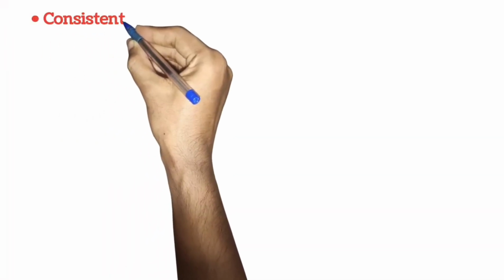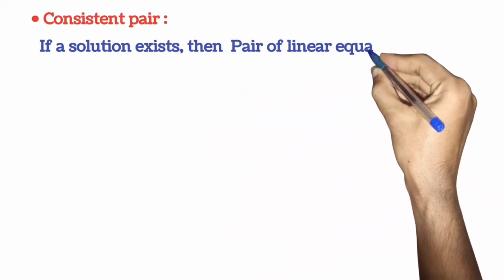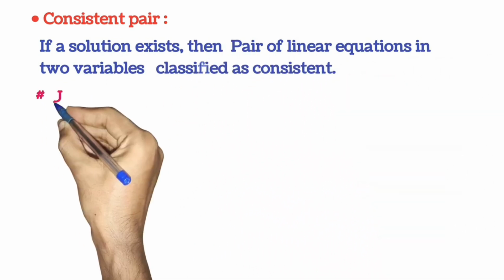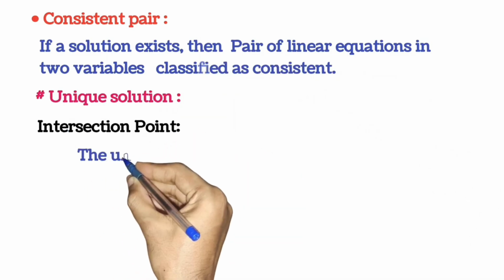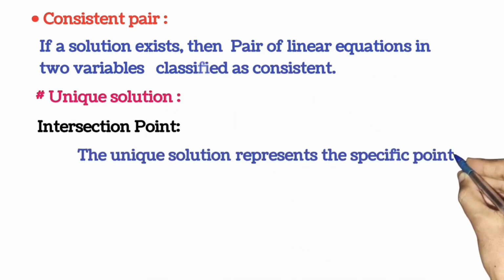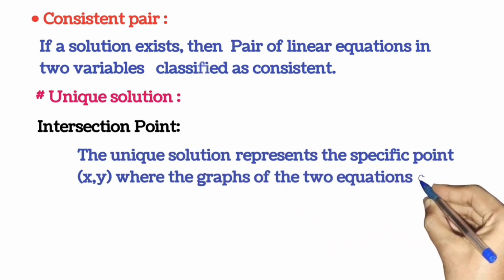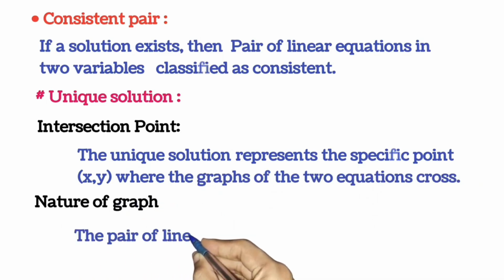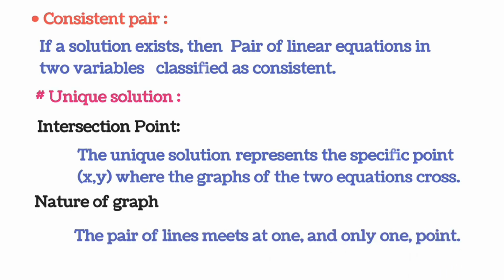Now we look at consistent pair. If a solution exists, then the pair of linear equations in two variables is classified as consistent. For unique solution, intersection point: the unique solution represents the specific point x and y where the graphs of the two equations cross each other. Nature of graph for unique solution: the pair of lines meets at one and only one point.